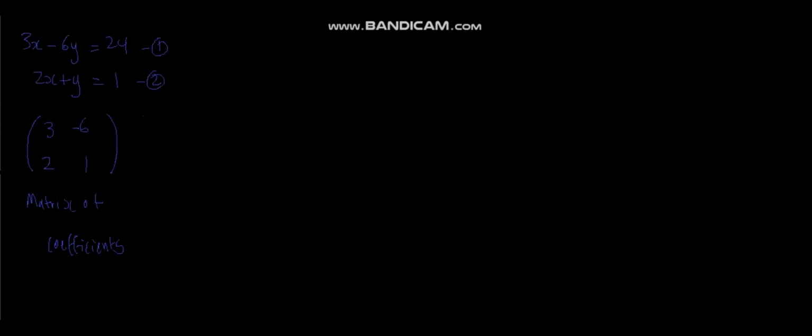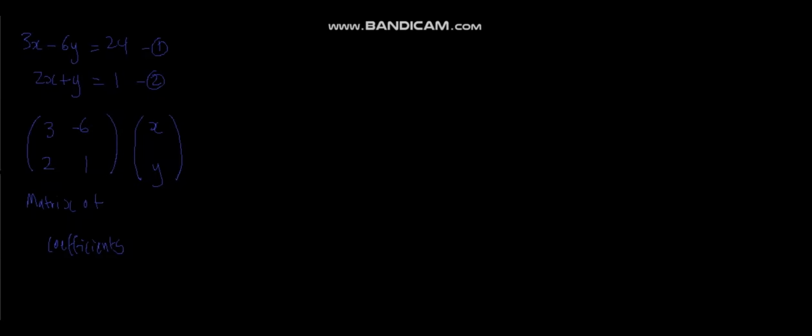Now we put our column vector of variables, which is just x and y. Now an interesting thing to note is that all column vectors or all vectors are matrices, but not all matrices are vectors.